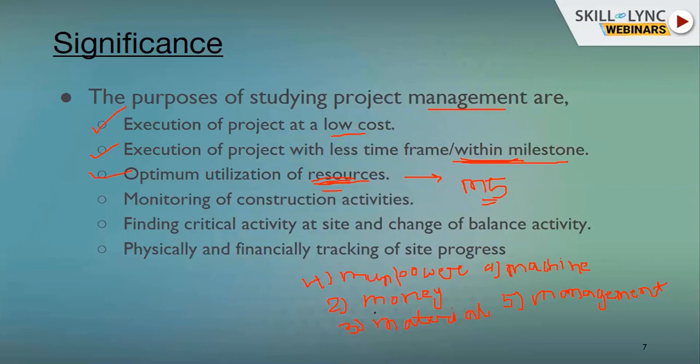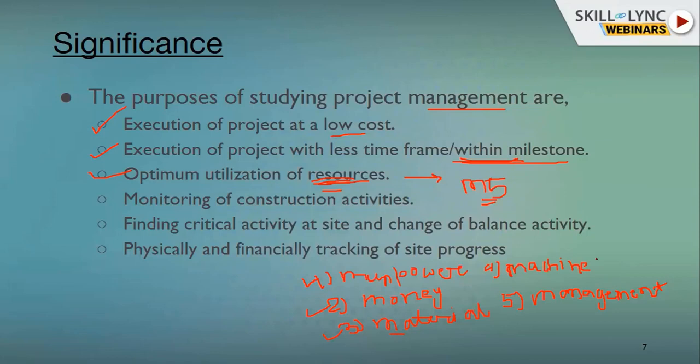Similarly, we cannot add all our funds and cash flow simultaneously for any activity, so we need to optimize the financial part and manage the money coming from the client side. For materials, we will see how, using certain techniques, methods, or material properties, we can achieve the same strength with less material and less time.